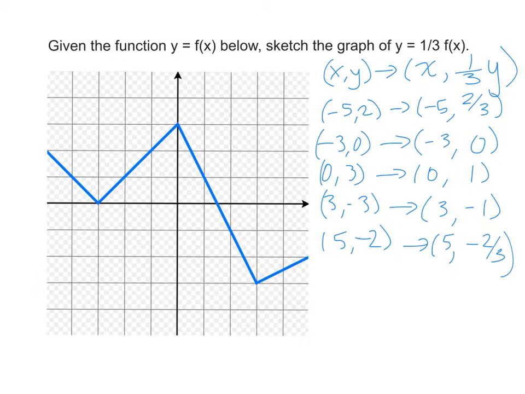And then if I plot those points, that'll give me the transformed function. So -5 and 2/3 is around there. -3 and 0, there's one invariant point. 0 and 1, 3 and negative 1, and 5 and negative 2/3.